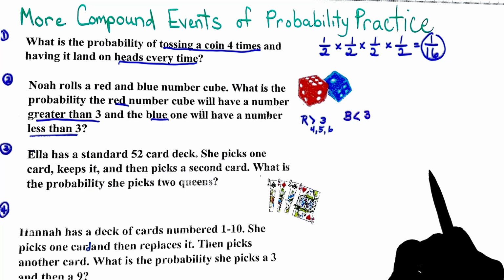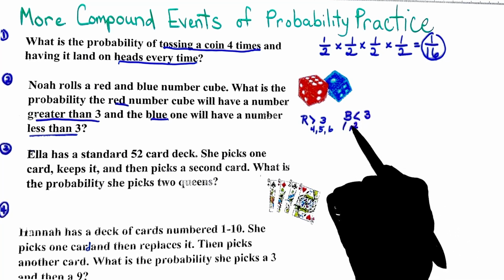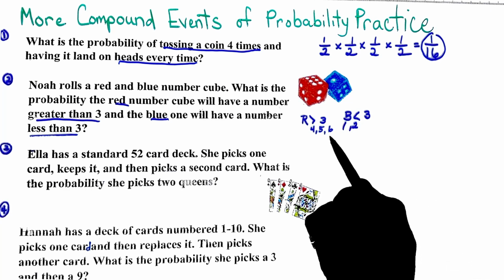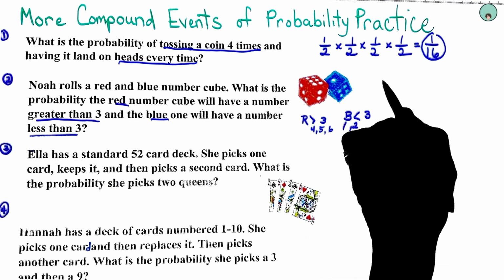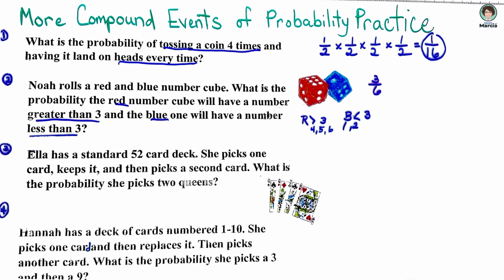So we have a possibility of a 2 and a 1 coming up because it has to be less than 3. So now I have 3 for the red, so it's a 3 in 6 chance, which is the same as 1/2. So we have a 50-50 chance.